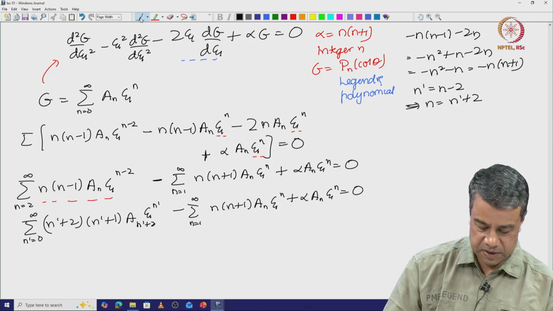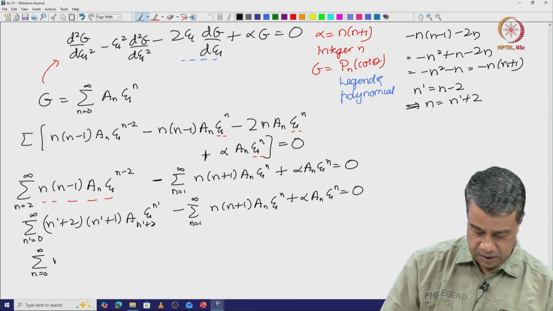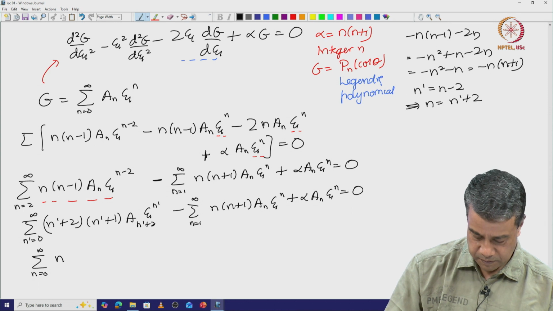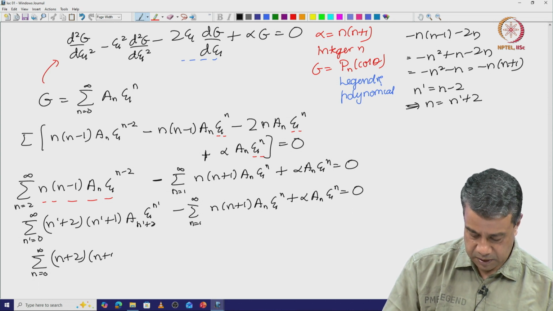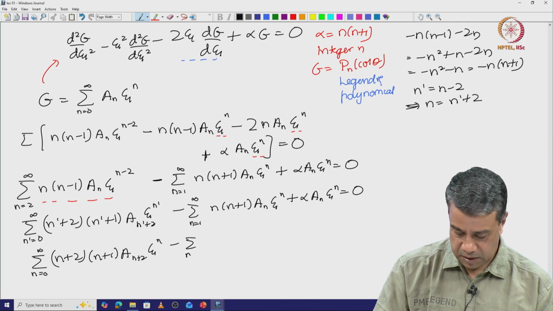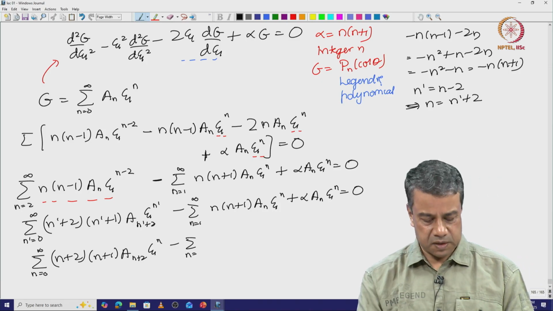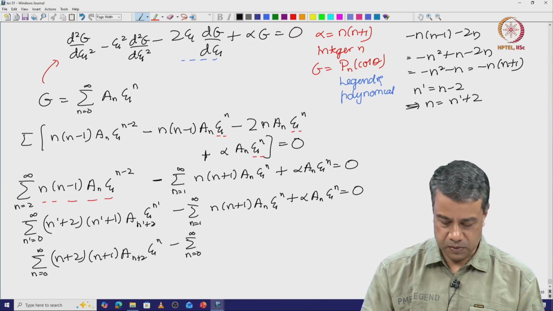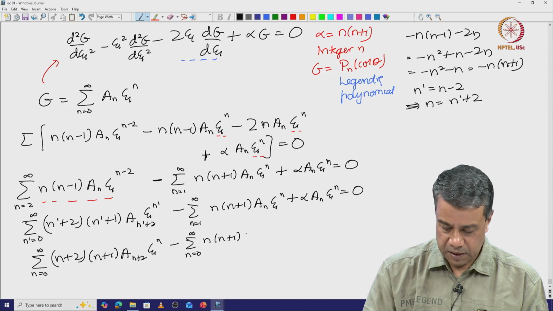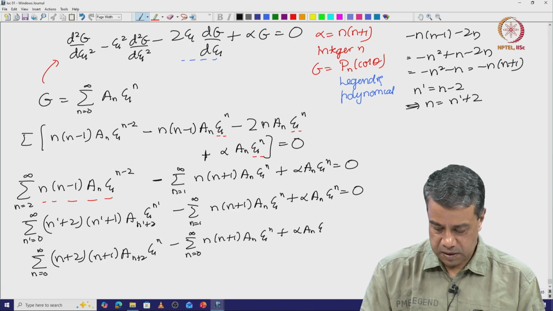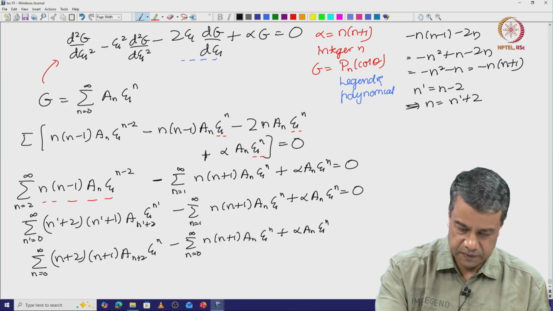So, in the first term I can write this as summation n equal to 0 to infinity, n plus 2 into n plus 1 a n plus 2 psi n, minus summation n equal to, I can as well use 0 to infinity, because for n equal to 0 it is 0 anyway. So, it just adds a 0, n into n plus 1 a n psi power n plus alpha a n psi power n. The alpha should also have a summation in it.